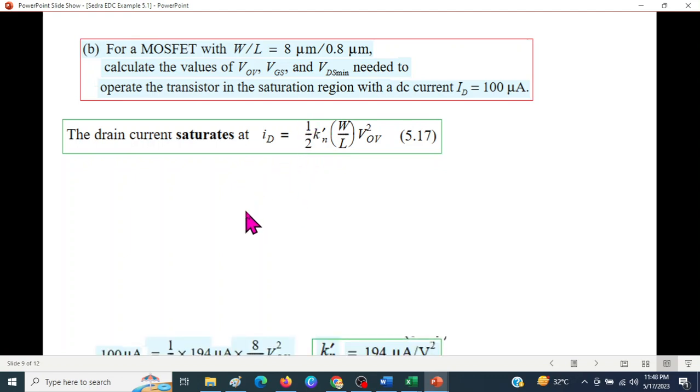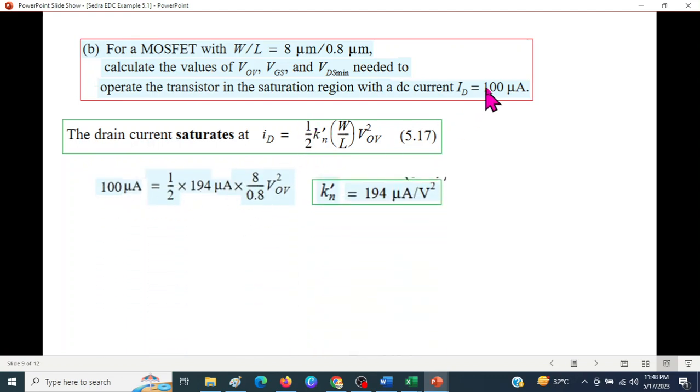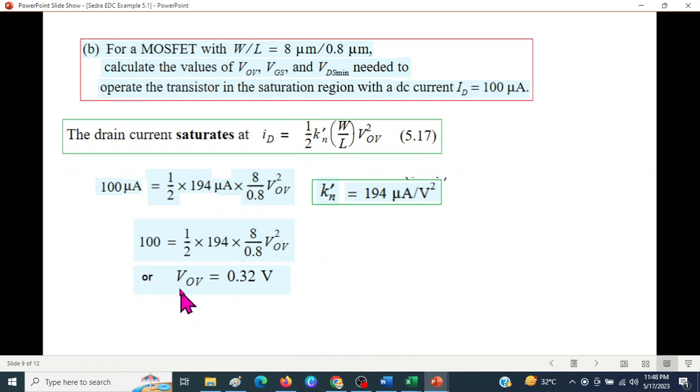Now plugging in the values, 100 microampere, 1 over 2, Kn we just calculated, 194 microampere per volt squared, and this is the dimension given, and VOV squared. Simplifying, microampere on both sides cancels, and then VOV can be calculated to be 0.32 volt. So this is the first part of the question.